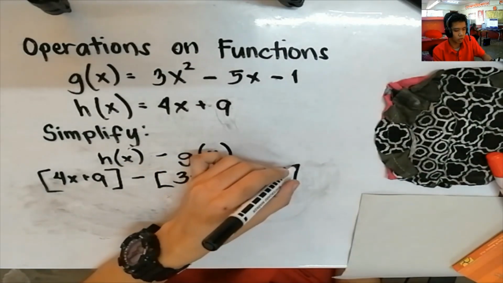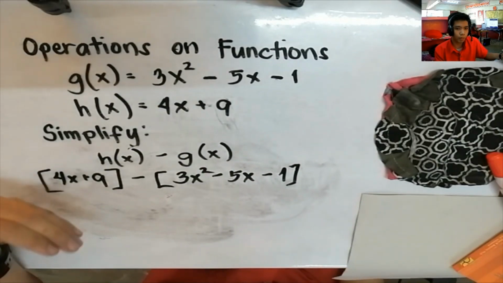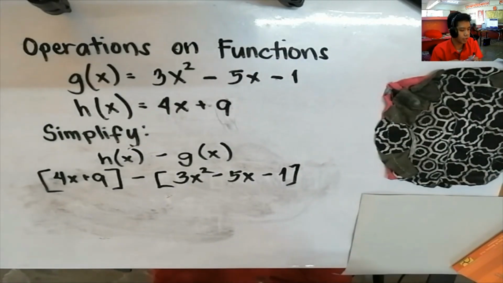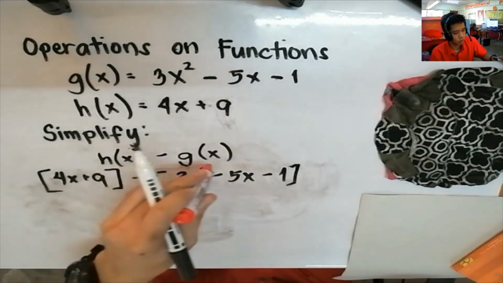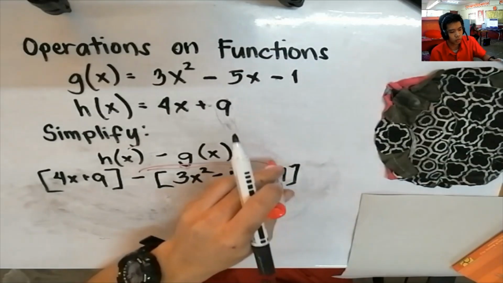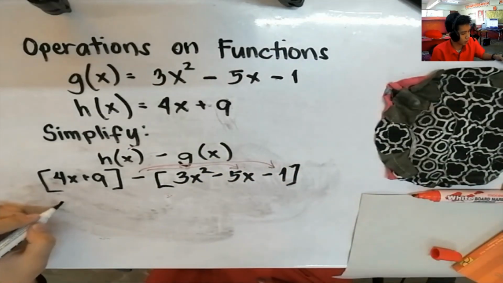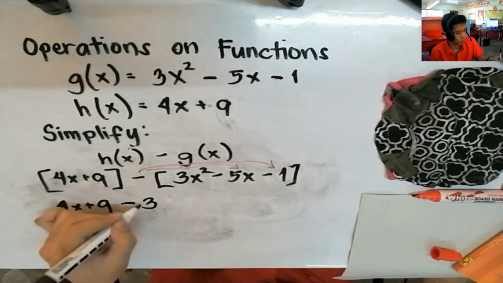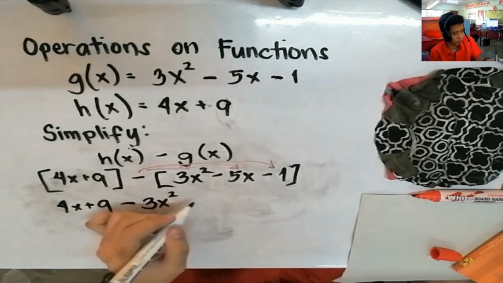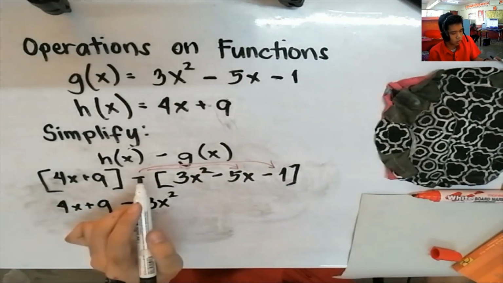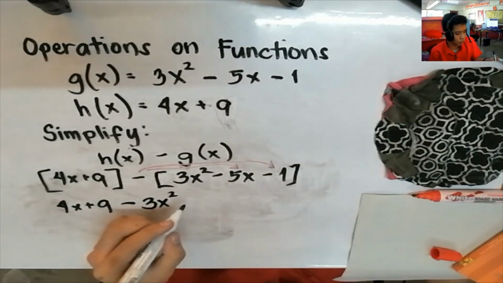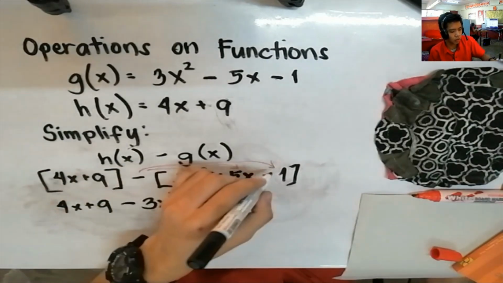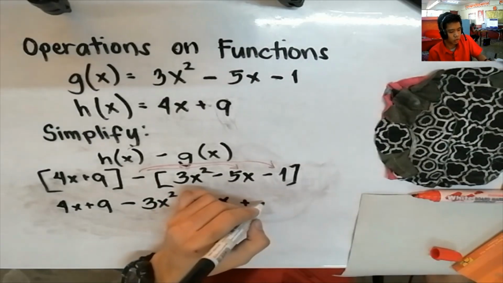Then, before we combine similar terms, we have to distribute the negative sign first. Bring down 4x plus 9, and minus 3x squared, and minus negative 5x will be positive 5x, or plus 5x, minus negative 1 is plus 1.